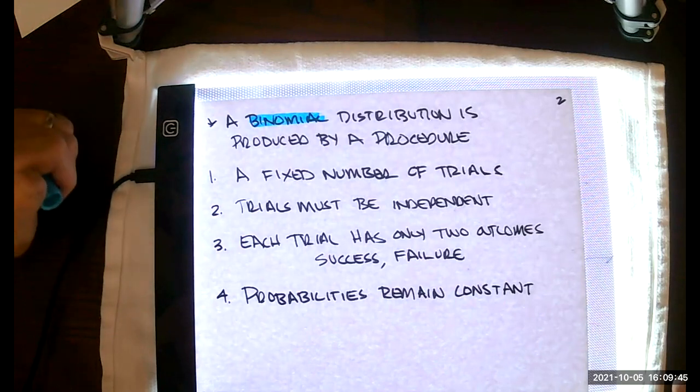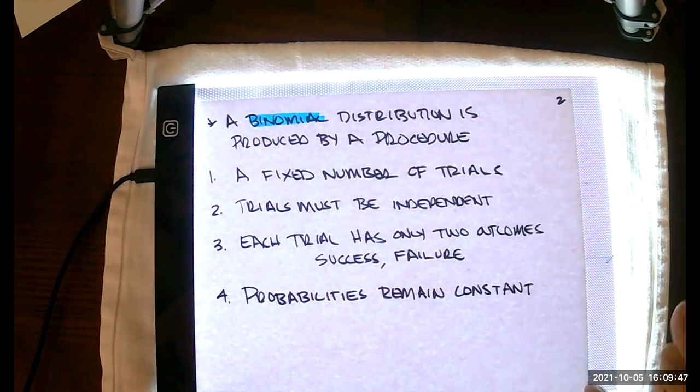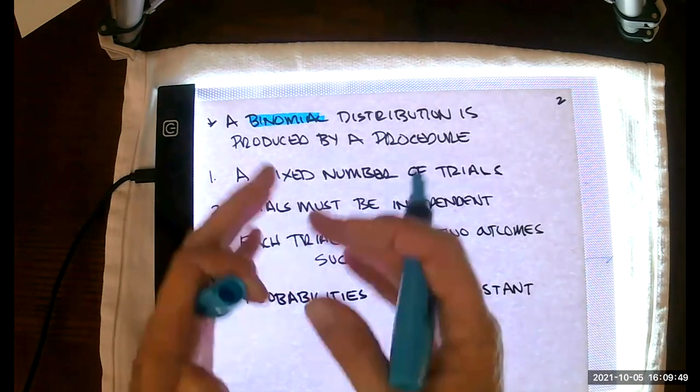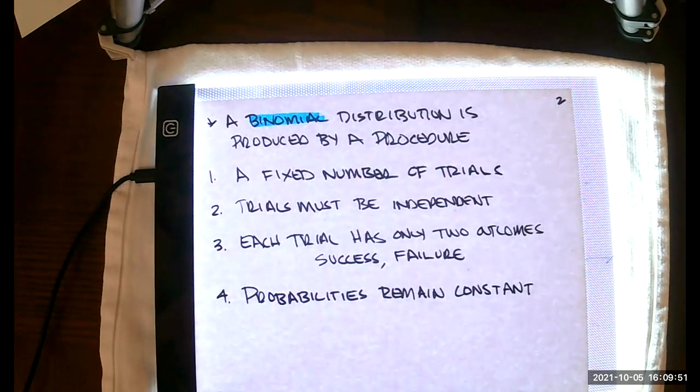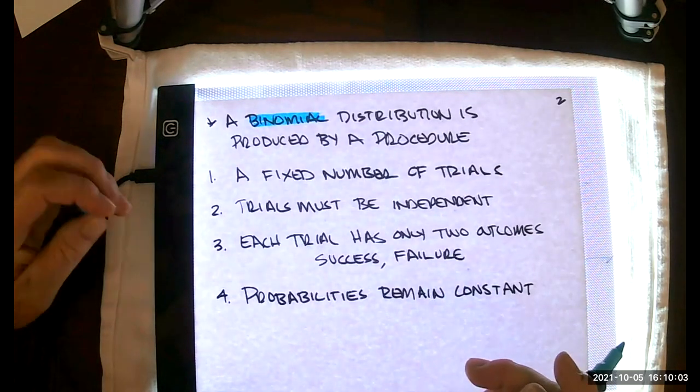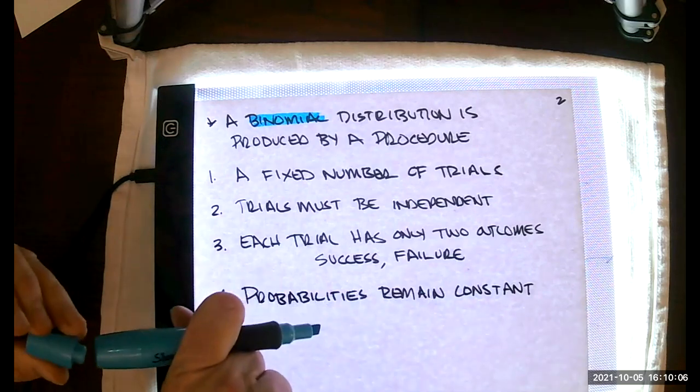So there are four requirements. If whatever it is you are doing does not have these four requirements, then whatever it is you're looking at will not be a binomial distribution. Not that it doesn't have value or interest, but it just won't be that. So there are, as I say, four requirements.